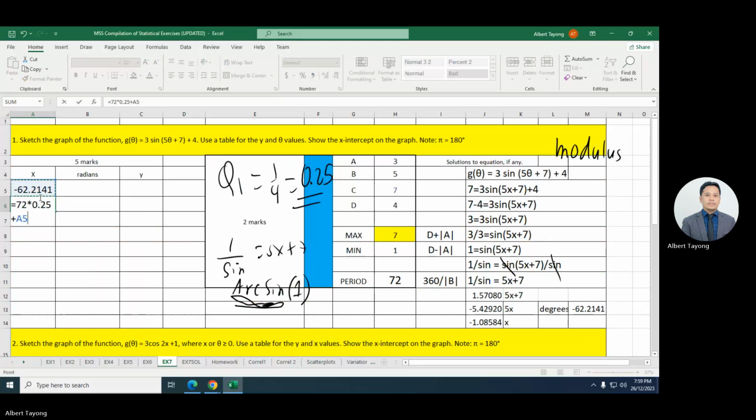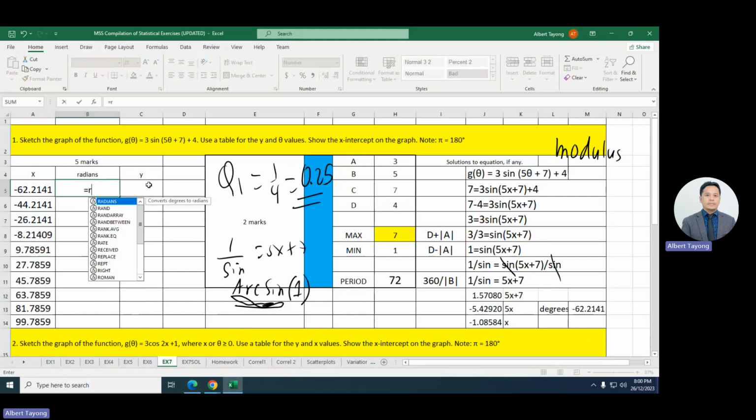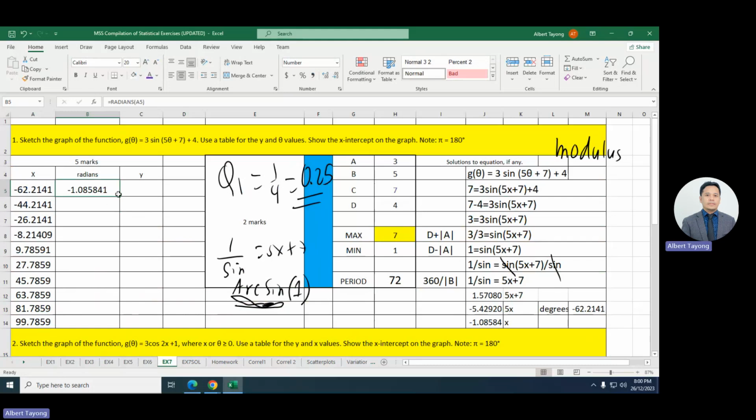Enter. What's the answer? You have negative 44? Did you get it now? Then drag it down. And then equals radians of this. Then drag it down.